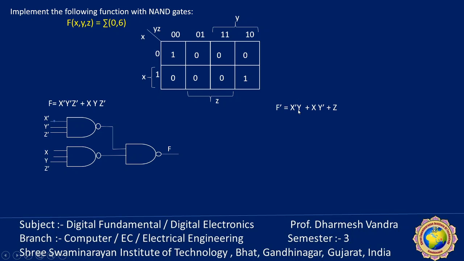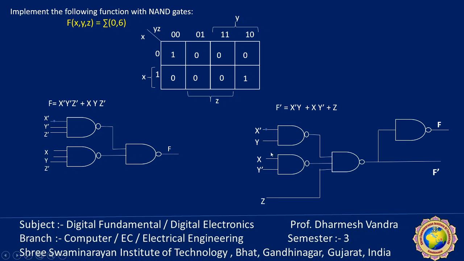So f' is x' y in the first NAND gate, x y' and z, and these are given to the next gate. This will become f', but to get f there is one more inverter required. So if I take the zeros and take f', it becomes a 3-layer circuit: 1 layer, 2 layer, and 3 layer.